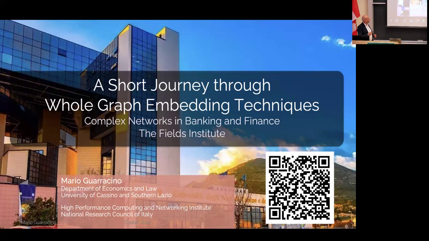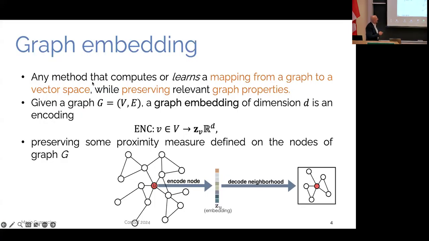So, just to recap, let me recap what we have been saying so far. When we talk about graph embedding, we are using this encoding, which associates to every vertex, every node in the graph, a representation, an embedding.